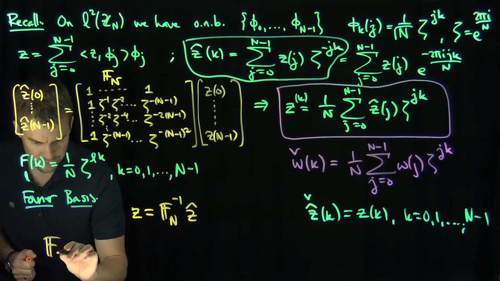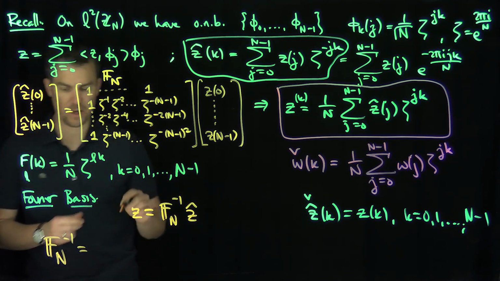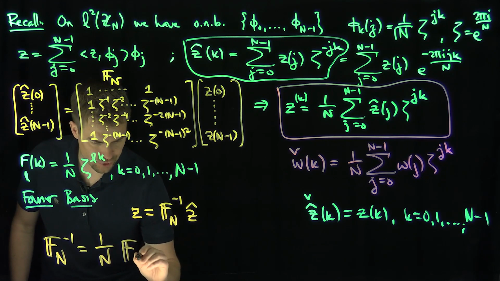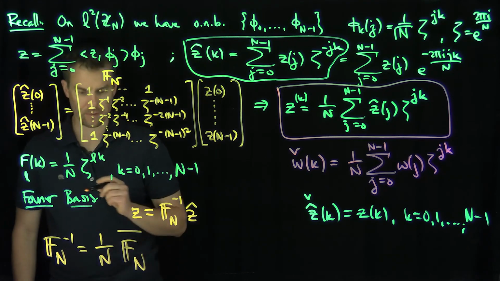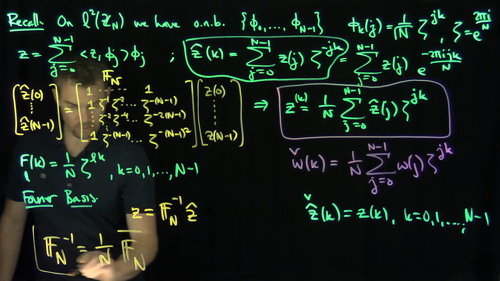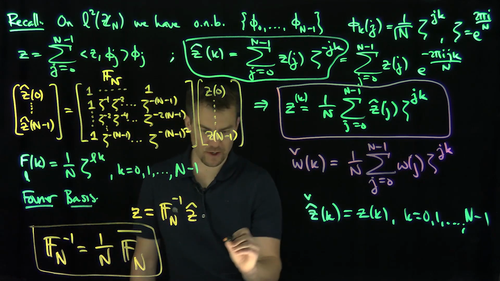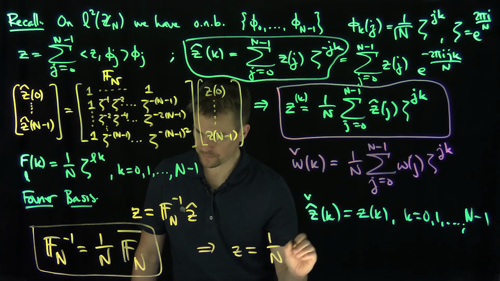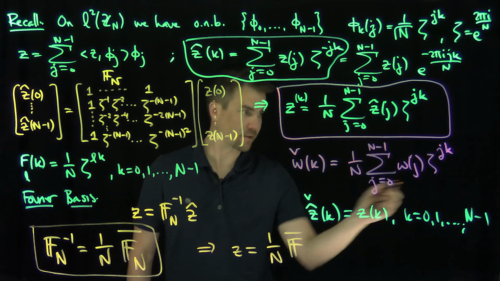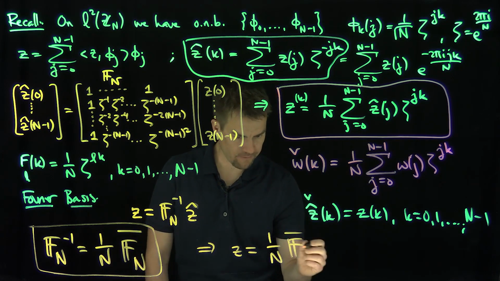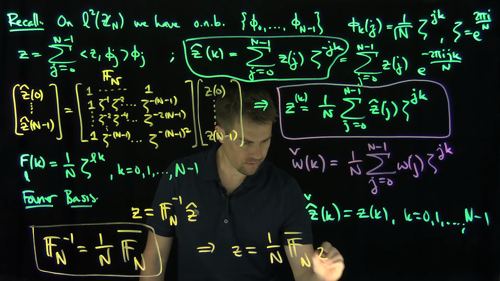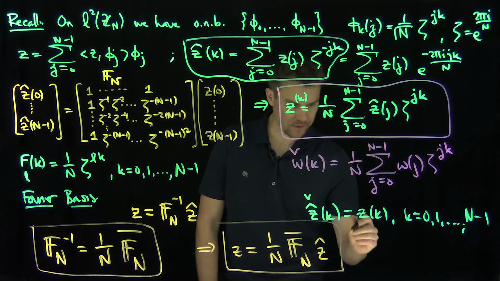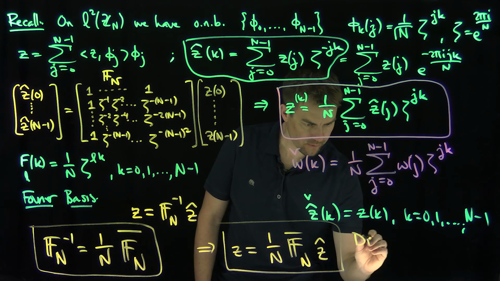The inverse of this matrix, Fn inverse, is just going to be 1 over n times the complex conjugate of the original matrix. So there's a factor of 1 over n in our relationship, so z is equal to 1 over n times Fn complex conjugate of z hat. And this is the Fourier inversion formula.